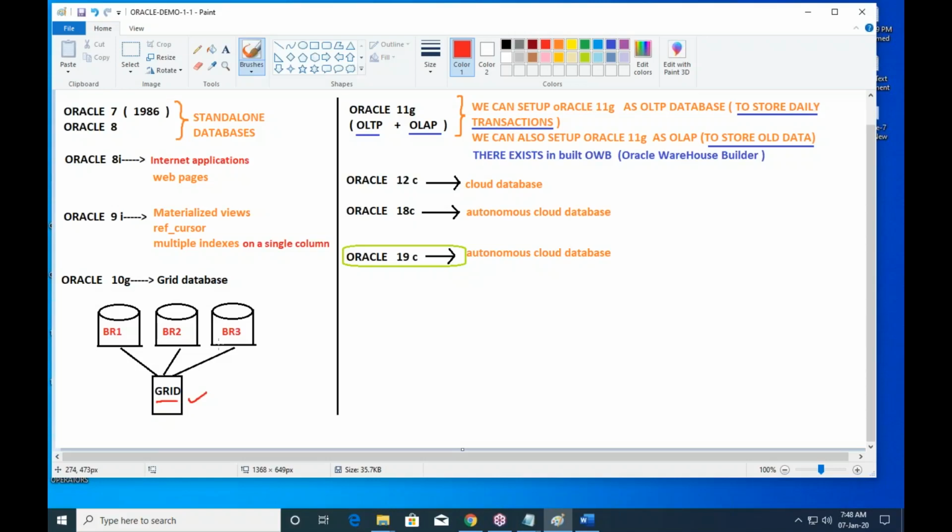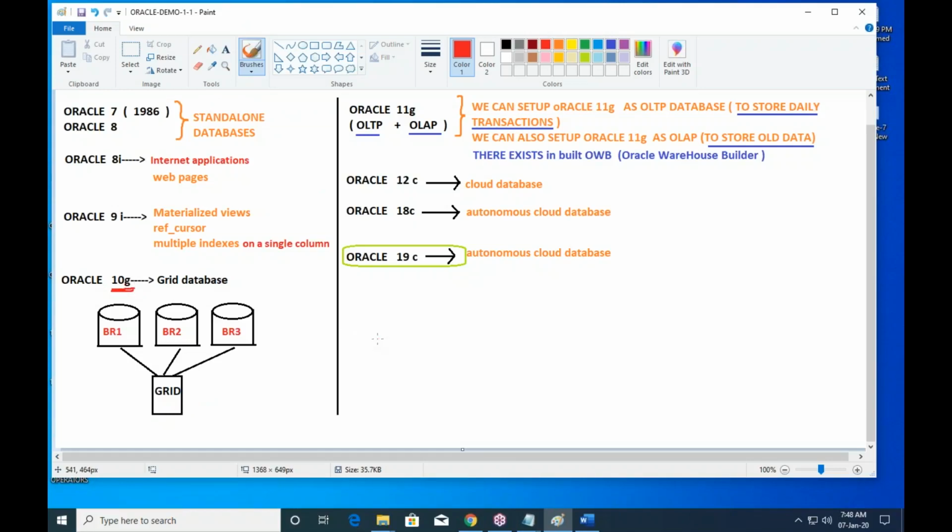Even if the database server failed, the grid will take the data. Once the database is up, the grid will store the data into the database server. That is the responsibility of the grid system. It will monitor what is happening on each database server. That technology was introduced in Oracle 10g.